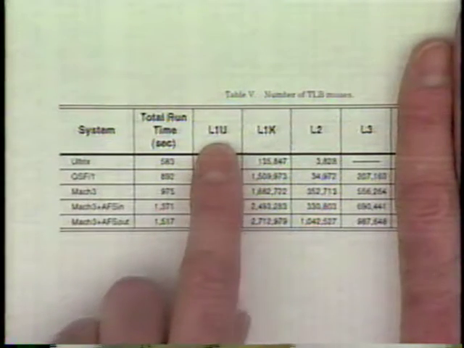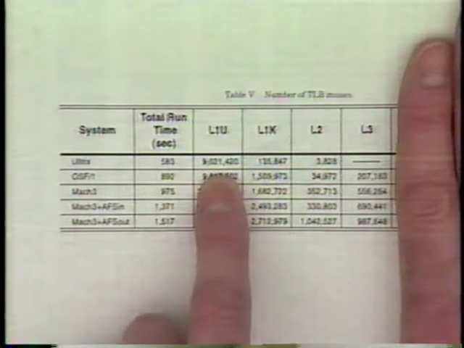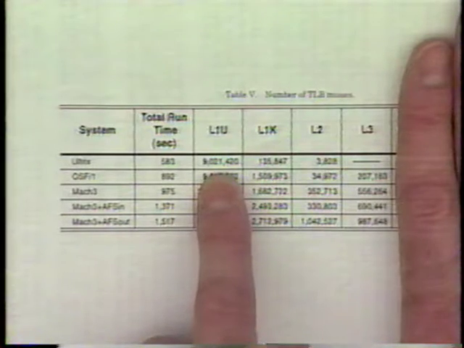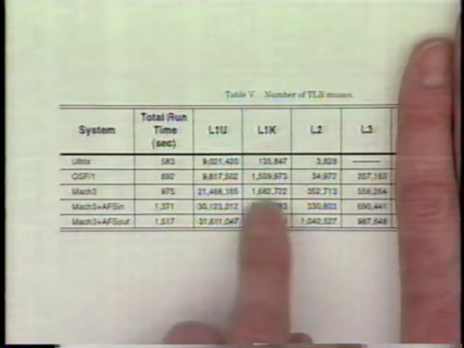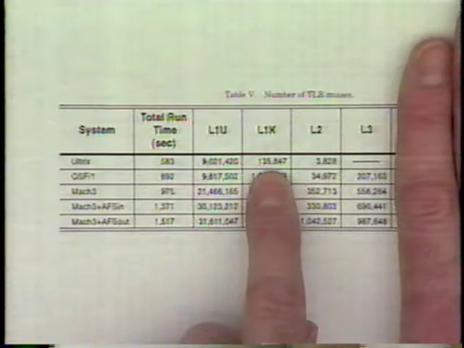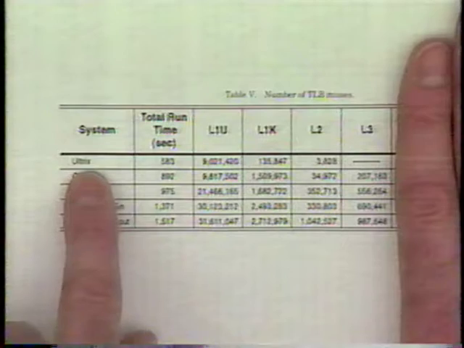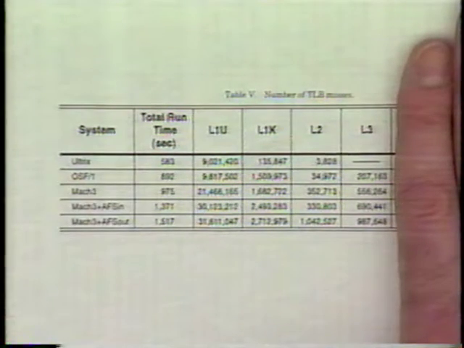For Ultrix, these are level 1 user TLB misses, and there are 9 million of them, a lot of them. And then level 1 kernel misses, those 8 special TLB entries that were dedicated to the kernel, there were many fewer of them, 135,000 misses. In this case, the hardware was well designed to match what the software was currently doing.